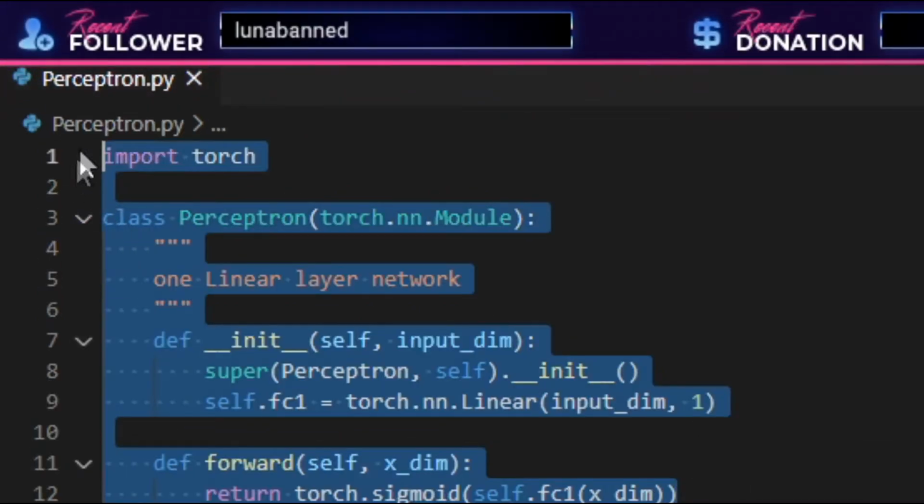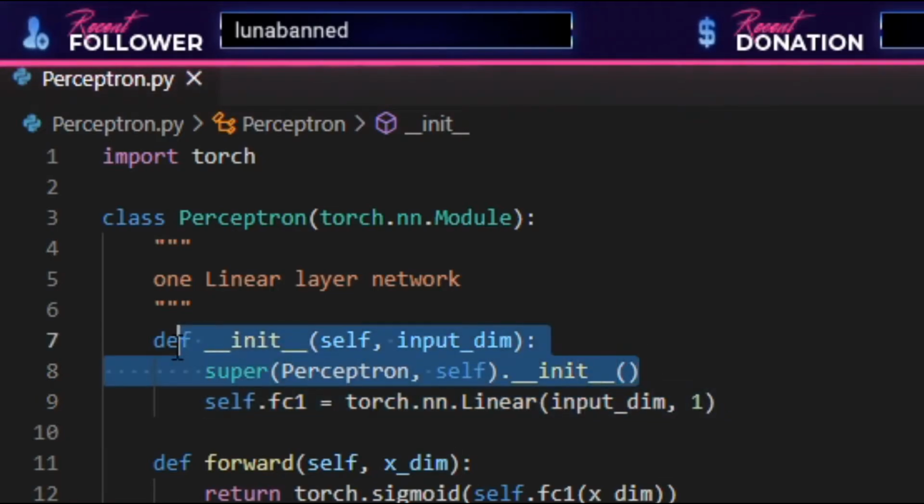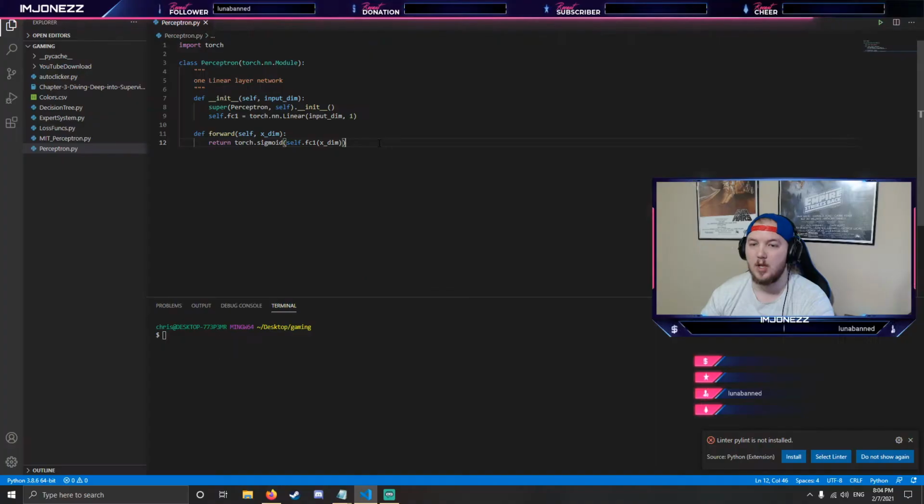Perfect. This is the whole thing. This is the Perceptron itself, and the rest of this is just defining the behavior of what happens when we call it. So now let's get into learning about what this Perceptron does.